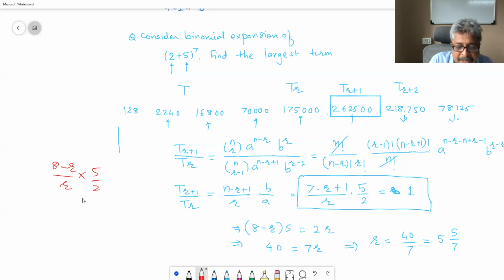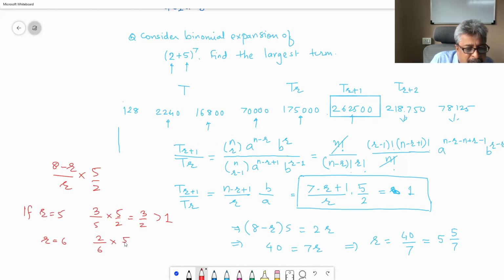This is what we are comparing. If r is equal to 5, we get 3 by 5 into 5 by 2, which is 3 by 2, greater than 1. If we put r equal to 6, we get 2 by 6 into 5 by 2, which is 5 by 6, less than 1.